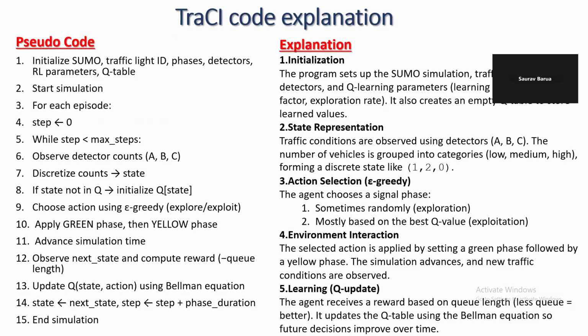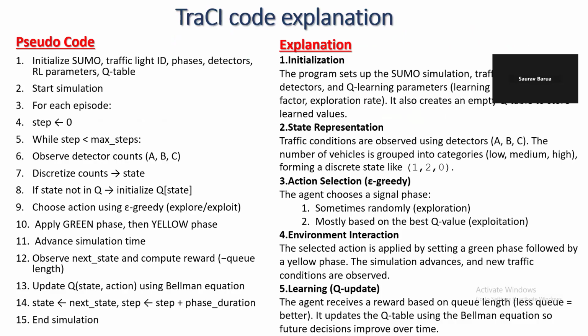If we look at the pseudocode and the explanation for the pseudocode, I divided it into 15 steps. Firstly, initialize SUMO, and along with that, initialize traffic light phases, detectors, reinforcement learning parameters, and the Q table for the Q-learning, that is reinforced learning.